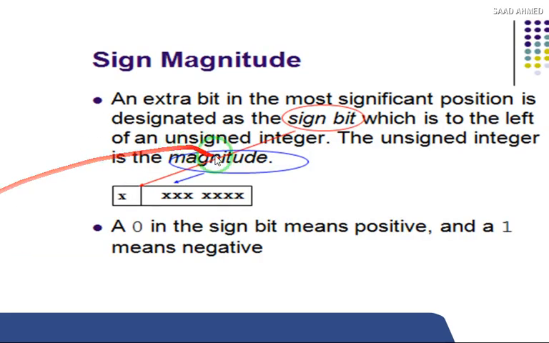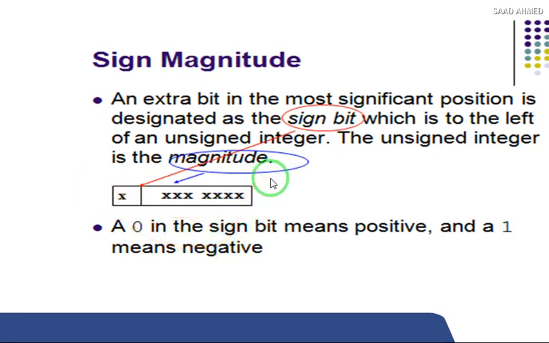It's called the sign magnitude system, in which, if you have an 8-bit system, you can see here there are 8 bits. The right side is the LSB, the least significant bit, and the left side is the MSB, the most significant bit.